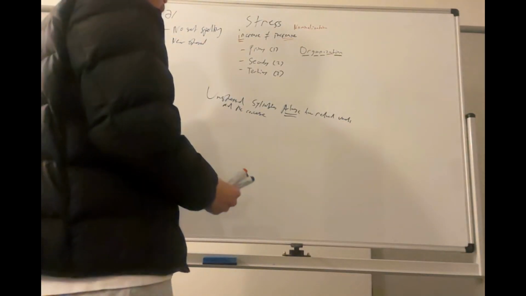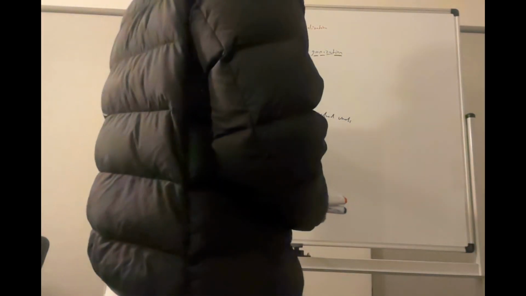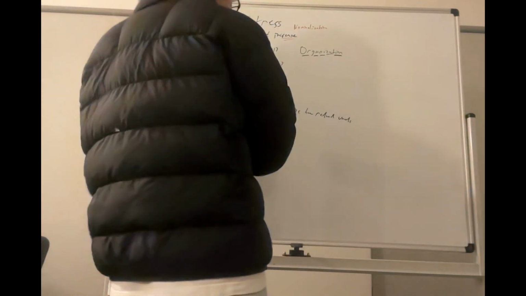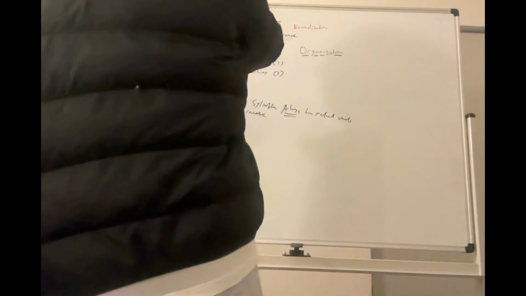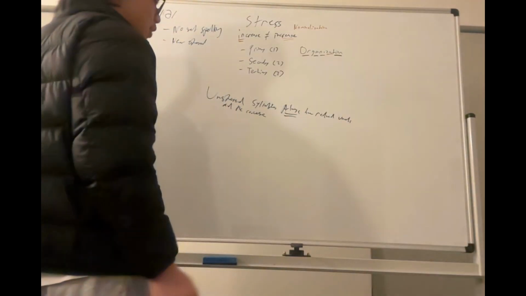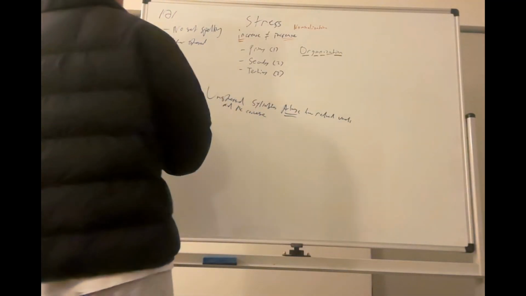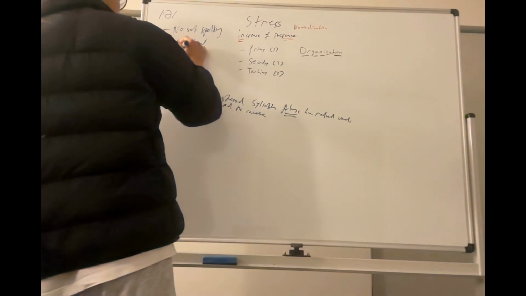In typical speech, reduced vowels are never stressed, and unstressed syllables always have reduced vowels. Well, what does it mean if schwa is never stressed? If schwa is never stressed, and unstressed syllables always have reduced vowels, that means schwa is a reduced vowel.